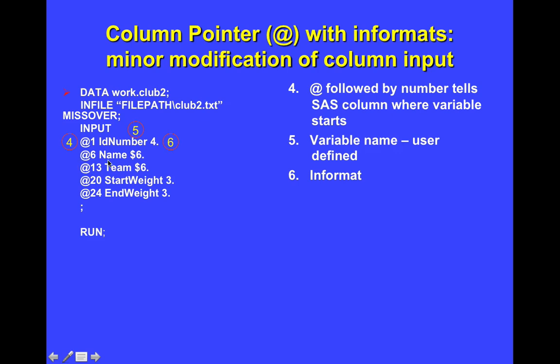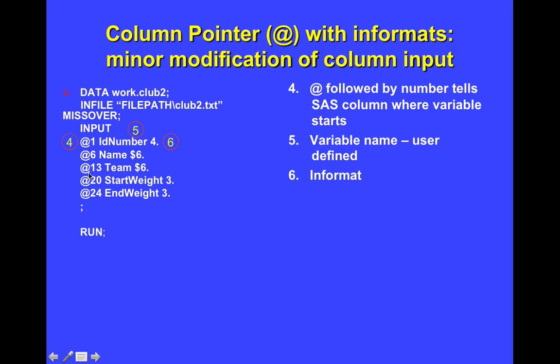The variable that we're calling name starts at column 6. It is a word or a string of characters, so we use the $ sign to specify that, followed by the length of the variable. This can be up to 6 columns wide, so we specify 6, and then the informats always end with the dot.